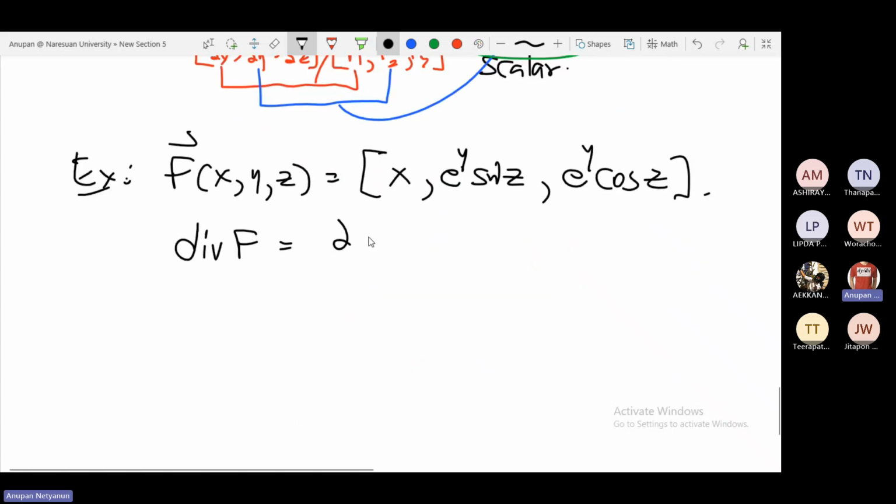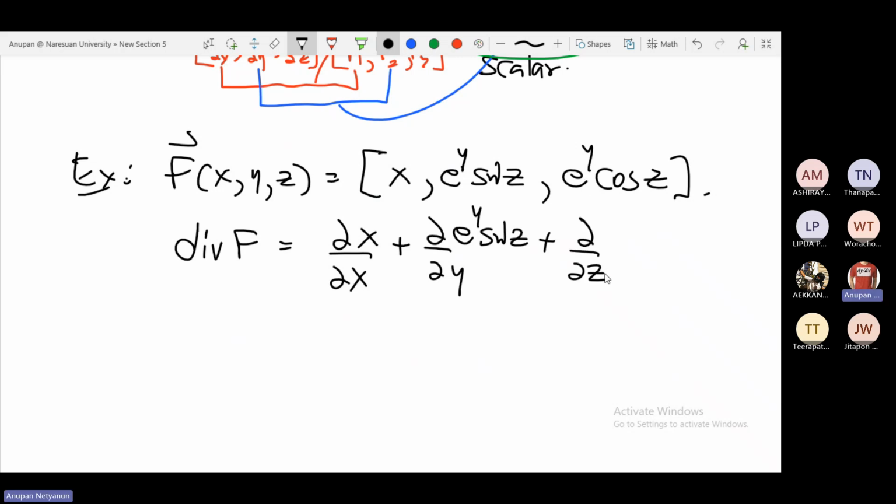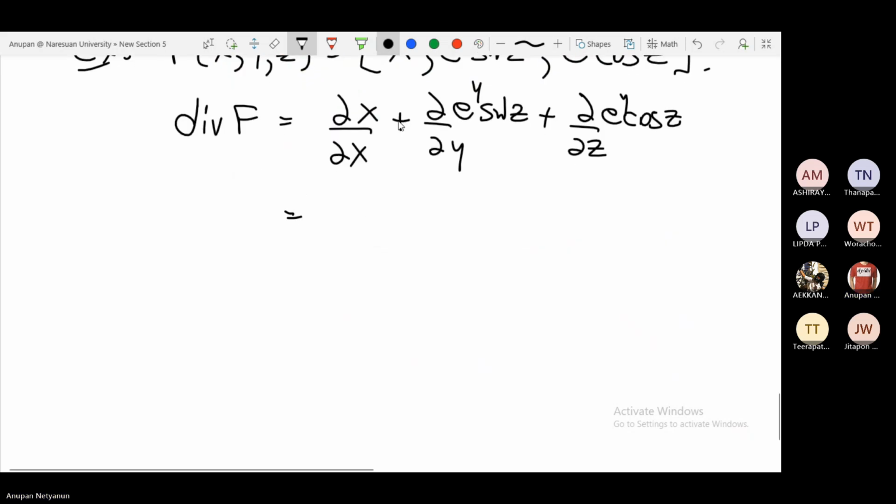So that is the partial derivative of the first component, which is x, with respect to x, partial derivative of the second component with respect to y, and then partial derivative of the third component with respect to z, like this.